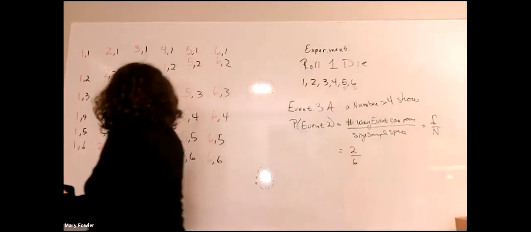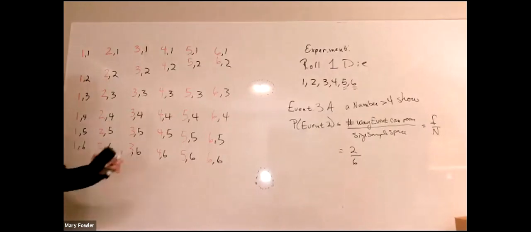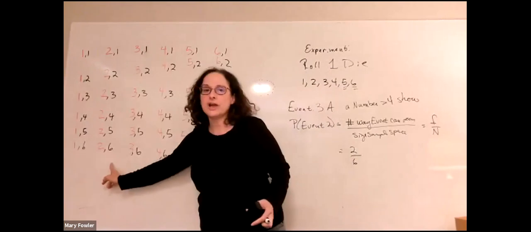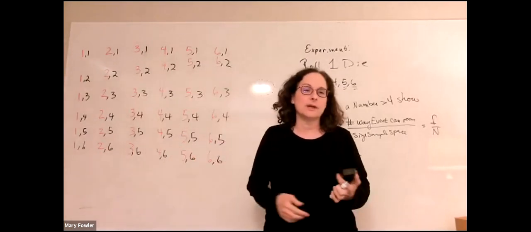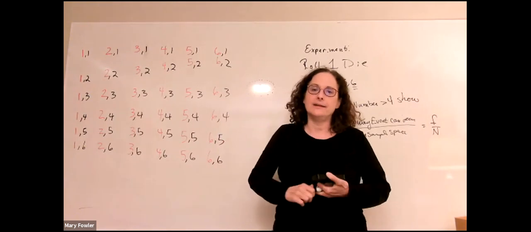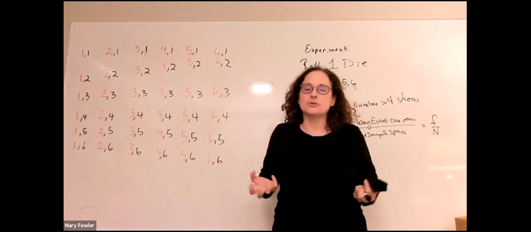Okay, so I want to now talk about a slightly more complicated event, and that's the event that you roll 2 dice. Again, I indicated it with the red and the black, like in the notes. So remember that there are 2 dice.